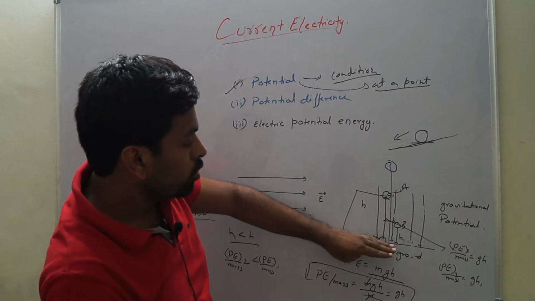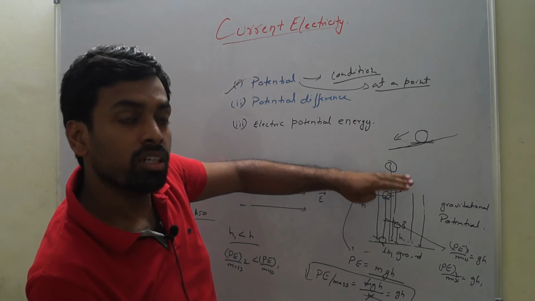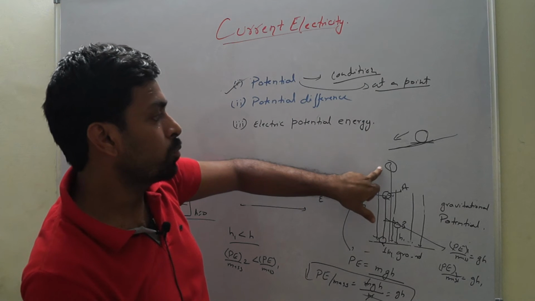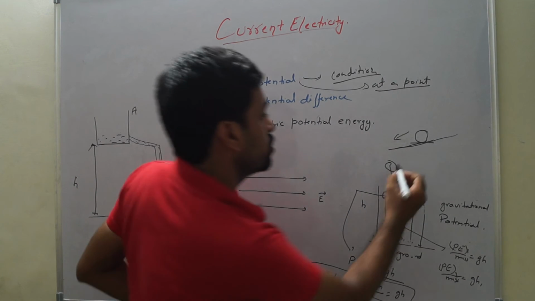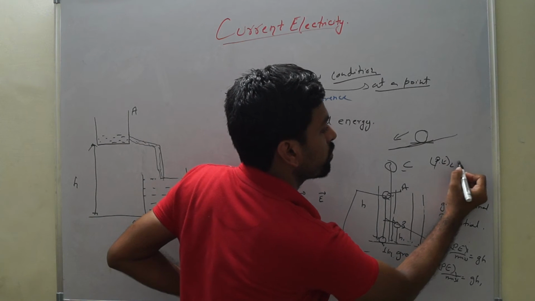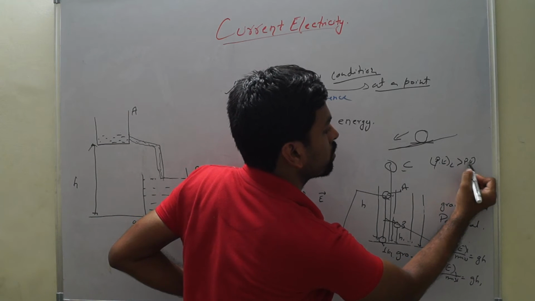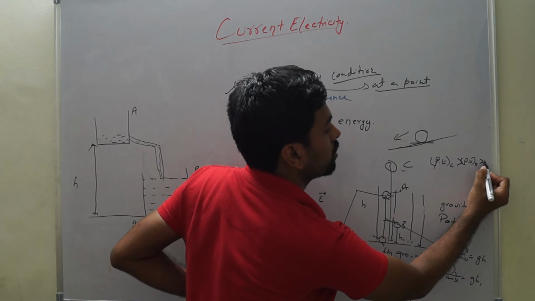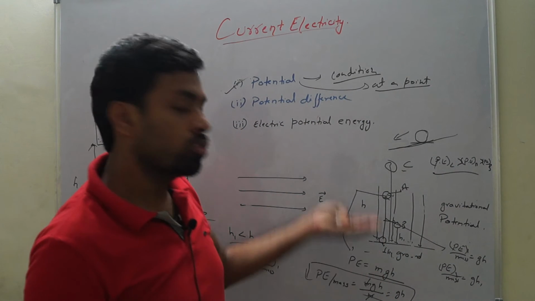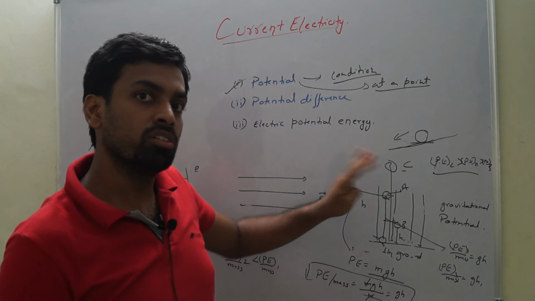So as we move against the gravitational field to a greater height, the potential at that point will be greater. Suppose this is a point C, so potential at point C will be greater than potential at point A, and it will be greater than potential at point B. So as the height above the ground surface increases, the potential of that point will increase.